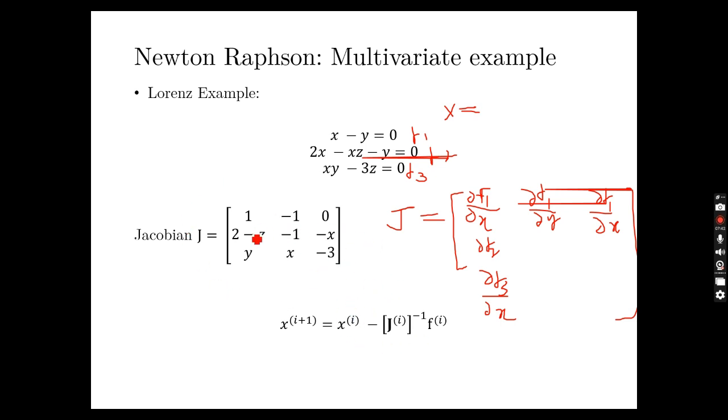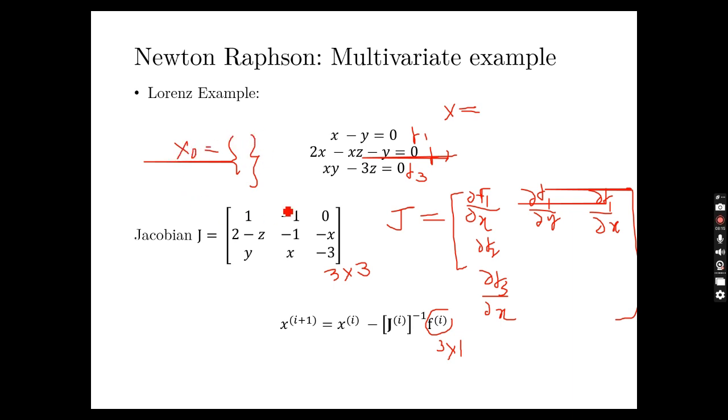Now, this is a 3 cross 3 matrix, and I'm taking an inverse of this. So this inverse should be a 3 cross 3, and this should be a 3 cross 1, right? So we take an initial guess x0 as a 3 cross 1 vector.